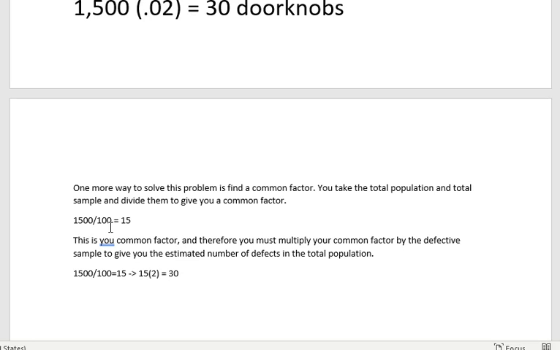And because we know that from one group of sampling we found 2, 15 trials times 2 doorknobs from the first trial that are defective will give us 30 doorknobs. And once again, because it's proportional, we know that we're all good.